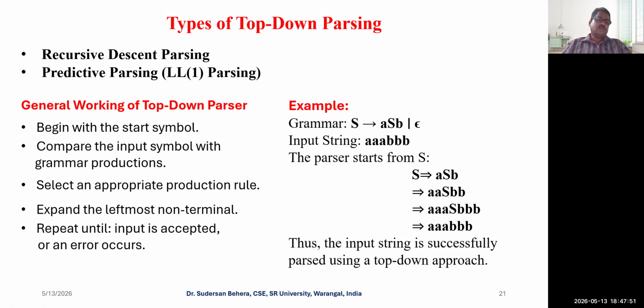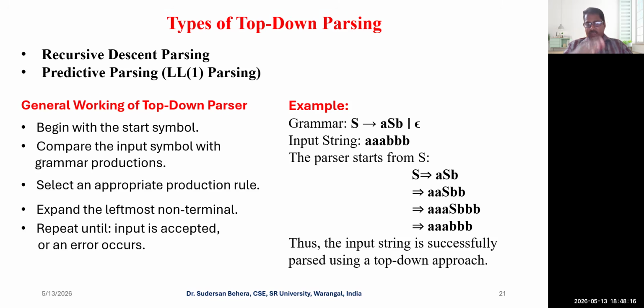So you need to understand, recursive descent parsing is the first parser that was designed to check whether a sentence is grammatically correct or not. But that parser was a little time consuming and had a few more disadvantages.